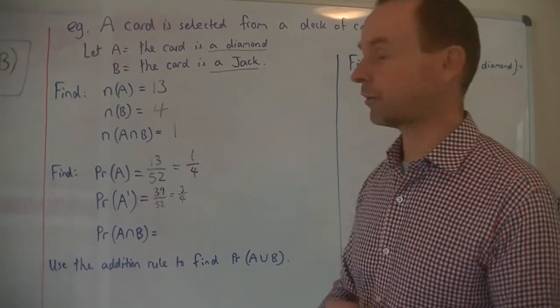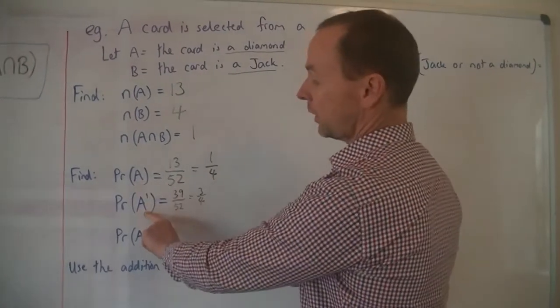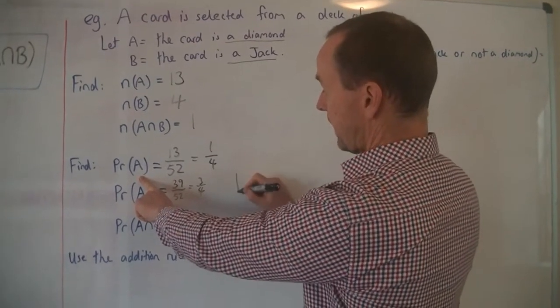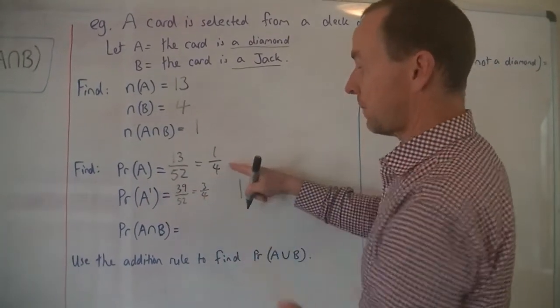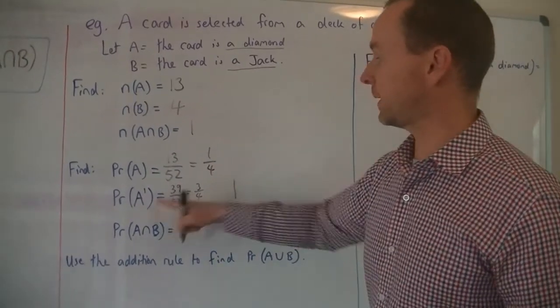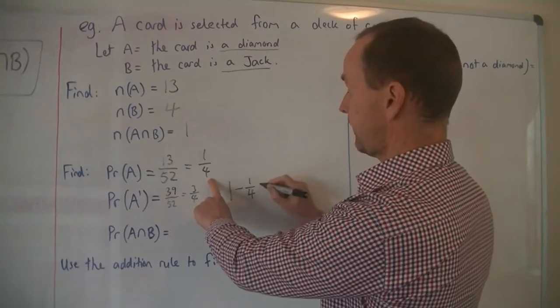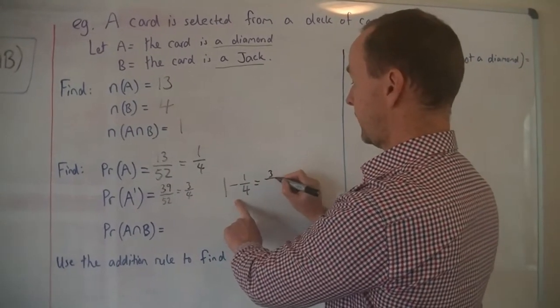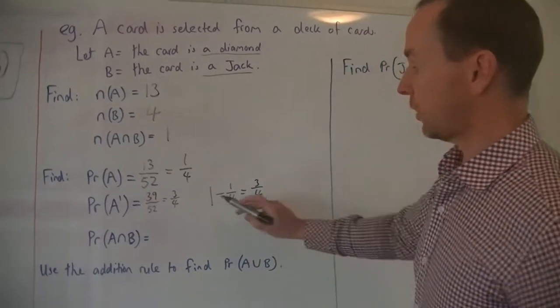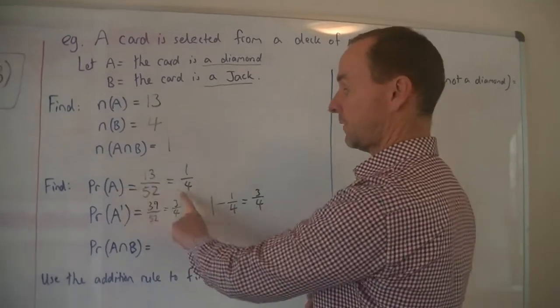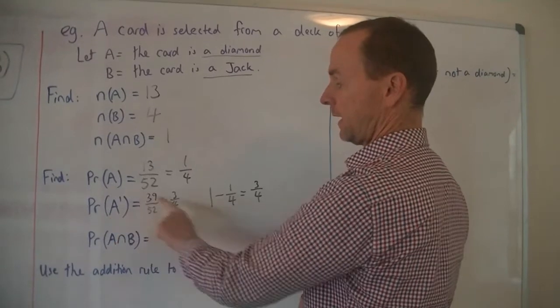But the easier way to do it is to use the complement of A. Because remember, the event A and the complement of A must equal 1. So we can go 1 minus the probability of A, which is a quarter, and we get the answer as 3/4. This is a simpler way to do it, and it shows you've got an understanding. If the probability of A is a quarter, then the probability of not A is 3/4.